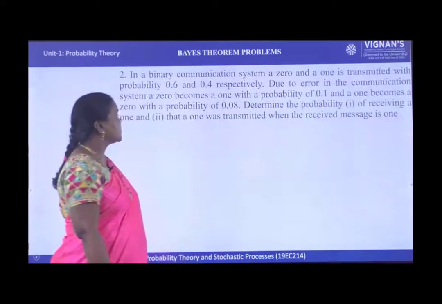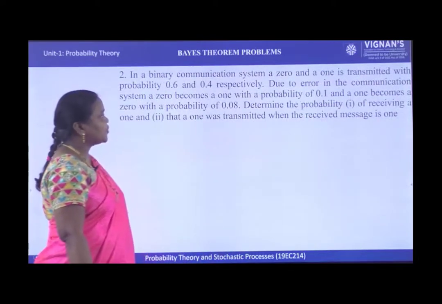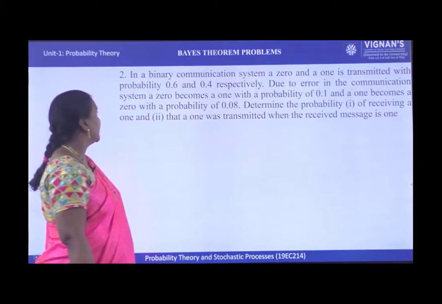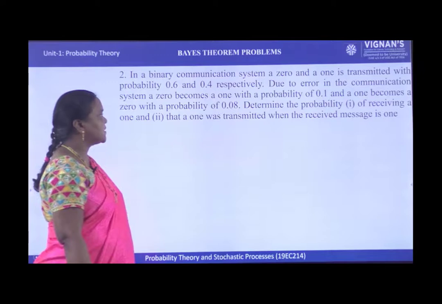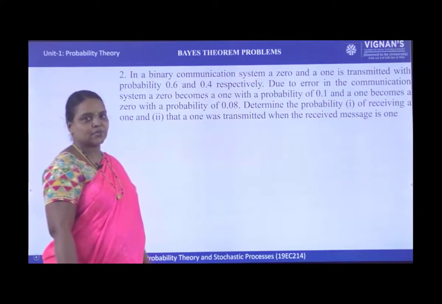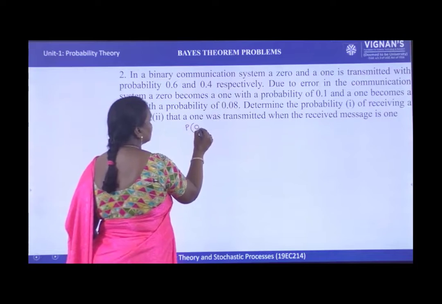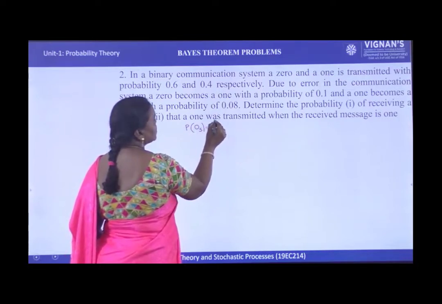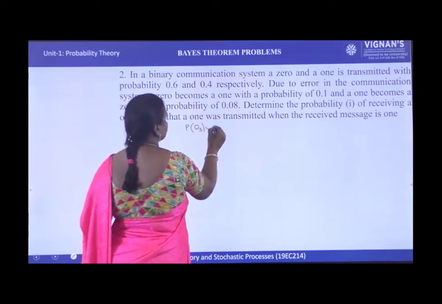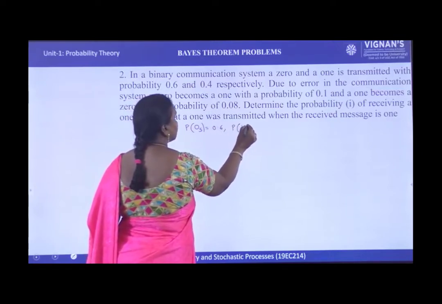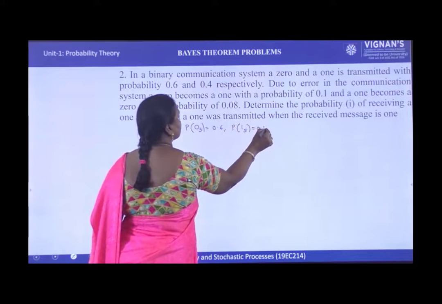Okay, let us see the next one. In a binary communication system, a 0 and a 1 is transmitted with probability 0.6 and 0.4 respectively. So probability of sending 0 is how much? 0.6 and probability of sending 1 is 0.4.